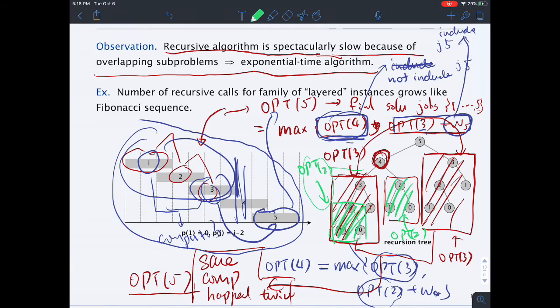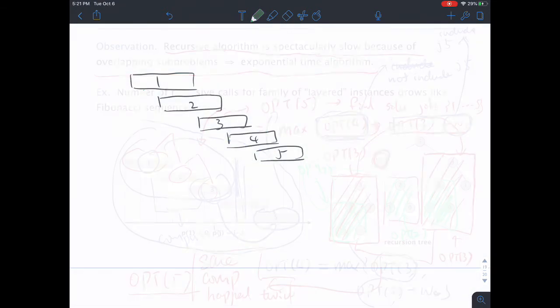A lot of the computation is repeated. The op2 is solved twice, and actually op2 is solved 3 times, and op3 is solved 2 times, and so on and so forth. So there is a lot of redundant computation, and our question is: can we avoid doing this kind of silly thing, repeating exactly the same computation again and again?